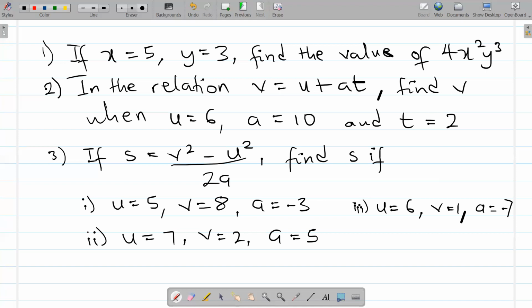Did you get that? Okay, wait. I'll bring I and II. So the second one is U is equal to 7, V is equal to 2, and A is equal to 5.